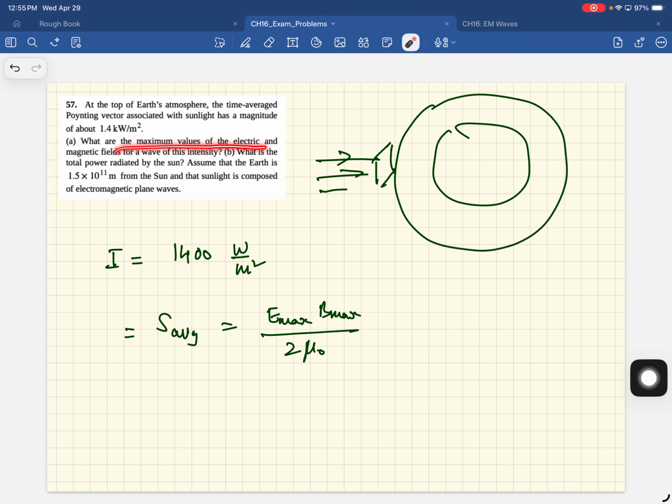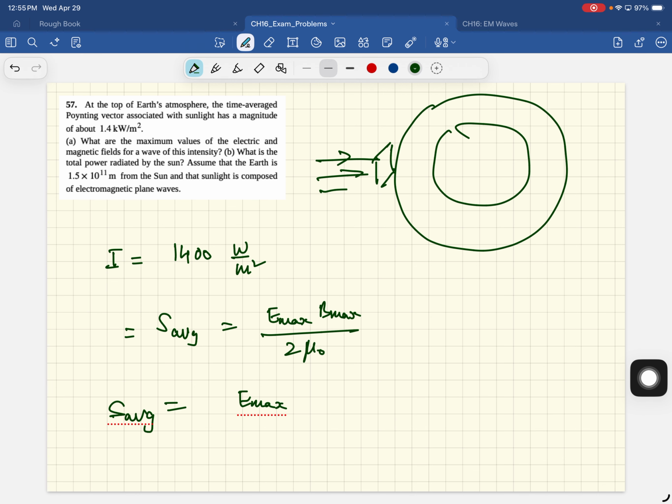What are the maximum values of the electric and magnetic fields for a wave of this intensity? So they want us to find E max and B max. So S average is E max B max over 2 mu naught.